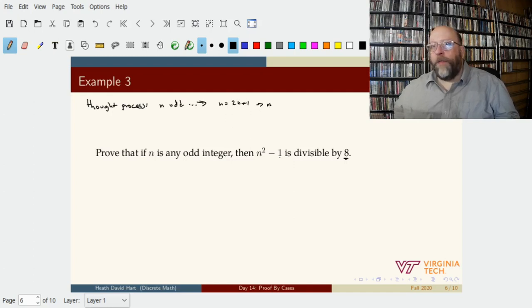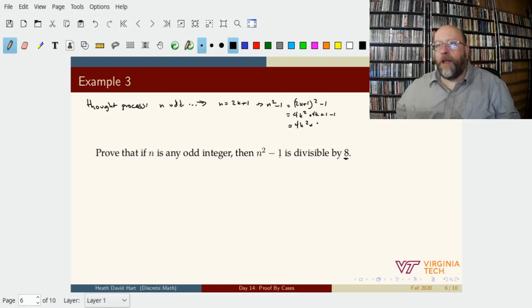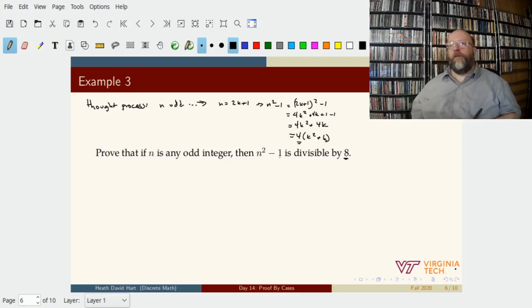Well, then n squared minus 1 would be (2k plus 1) squared minus 1, which is 4k squared plus 4k plus 1 minus 1, which is 4k squared plus 4k, or 4 times (k squared plus k). Well, that 4 tells me it's a multiple of 4, but we need it to be a multiple of 8.